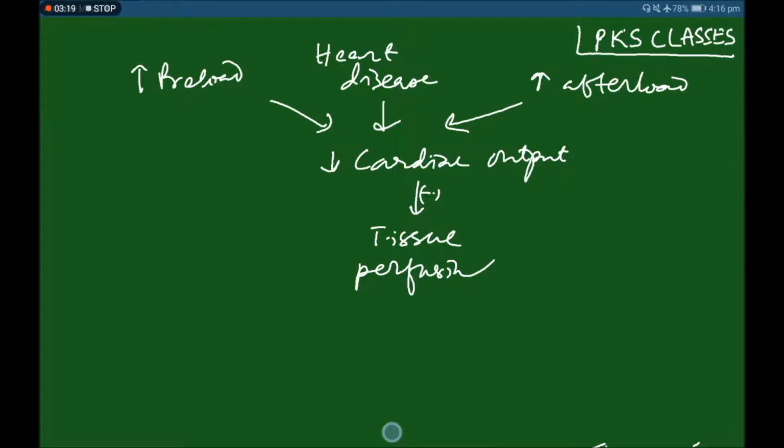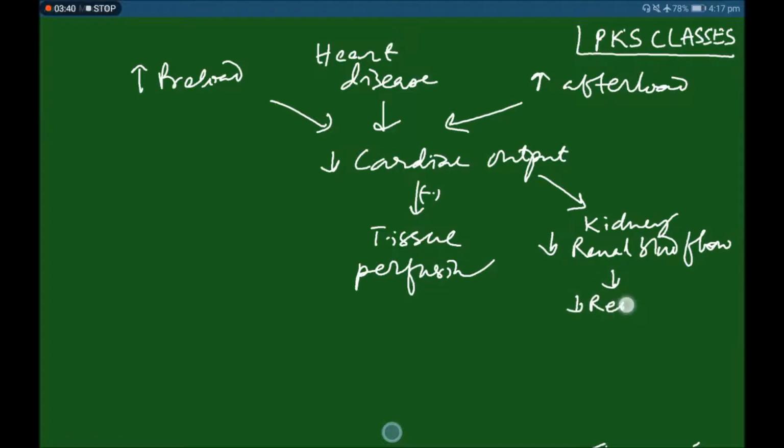And when the cardiac output decreases and tissue perfusion decreases, to the kidney also the renal blood flow will decrease, and this decreases the renin release, and renin is involved in the renin angiotensin system.